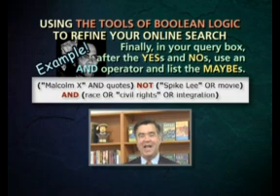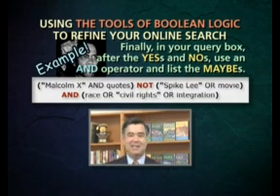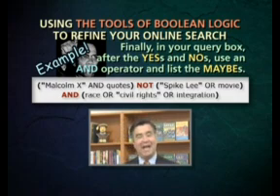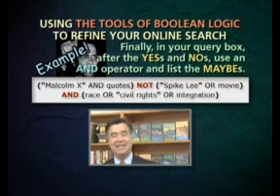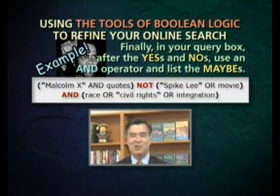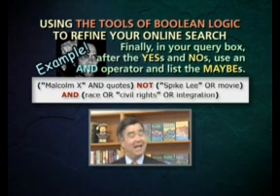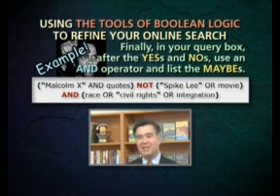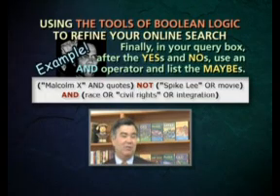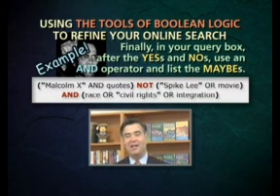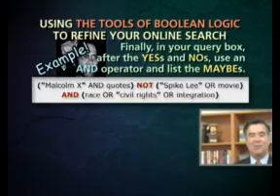And our query string now looks like this: parentheses, quote Malcolm X, close quotes, and quotes, close parentheses, not, parentheses, quote Spike Lee, close quotes, or movie, close parentheses, and here come our maybes, parentheses, race, or, quote civil rights, close quotes, or integration, close parentheses.